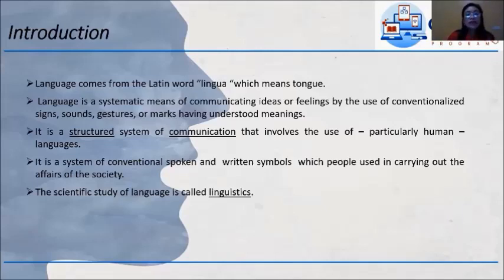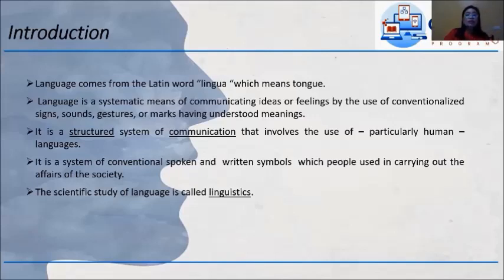Now, another definition here is that language is a system of conventional spoken and written symbols which people use in carrying out the affairs of the society. We people have different activities every day, so we make use of language in our daily activities, either in school, at home, at work, anywhere.